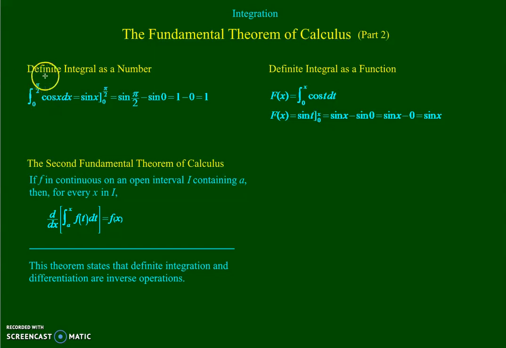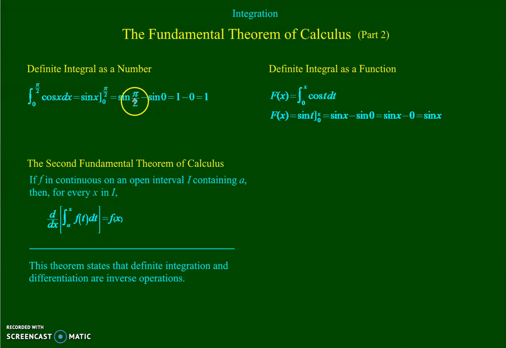Let's look at the definite integral as a number, and that's what happens when we use the first fundamental theorem of calculus, or FTC1, to take a definite integral. The integral from 0 to pi over 2 of cos x dx is, we take the antiderivative of cosine, which is sine x, and we evaluate that at pi over 2, minus sine x evaluated at 0.